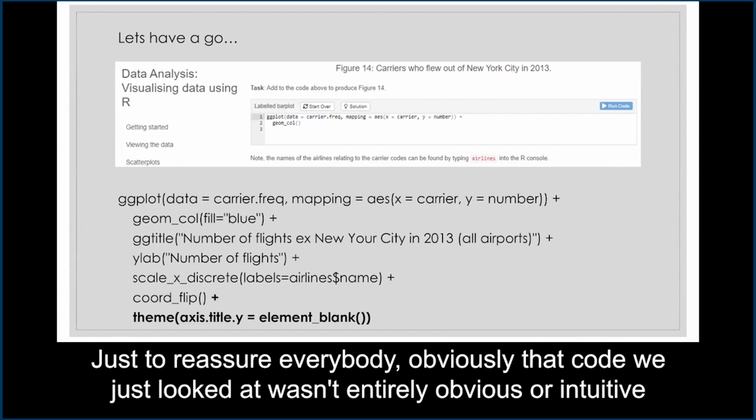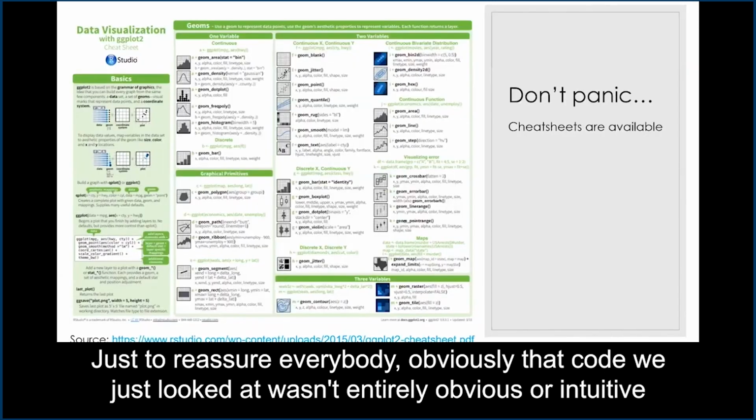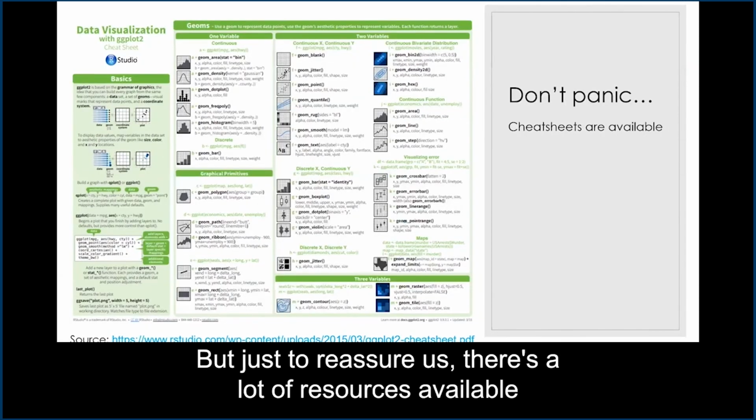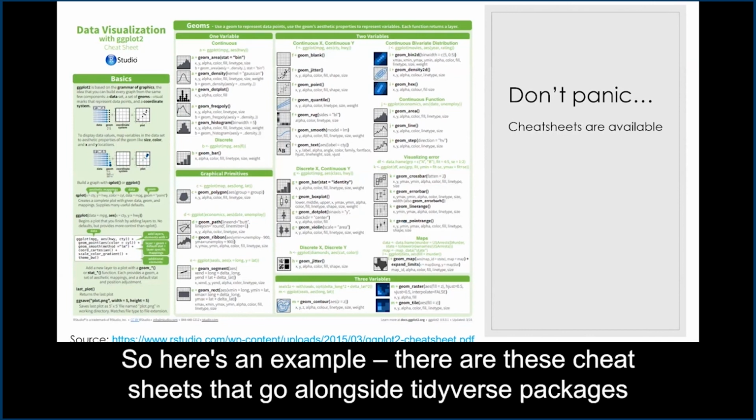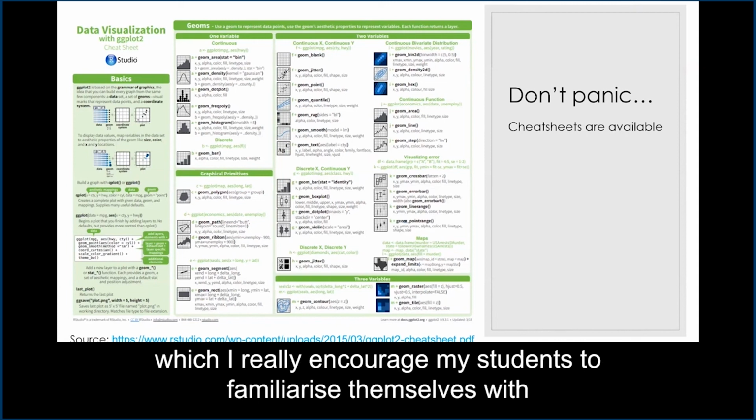Now, just to reassure everybody, obviously the code that we just looked at wasn't entirely obvious or intuitive, but there are a lot of resources available. Here's an example: there are these cheat sheets that go alongside these tidyverse packages, which I really encourage my students to familiarize themselves with.